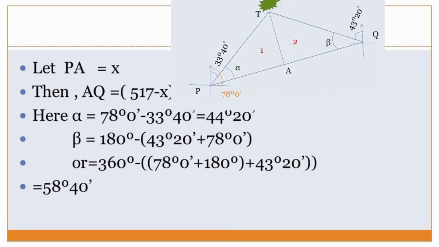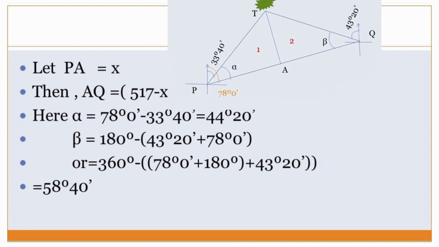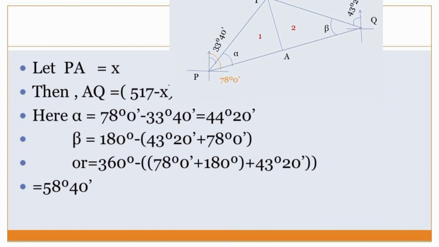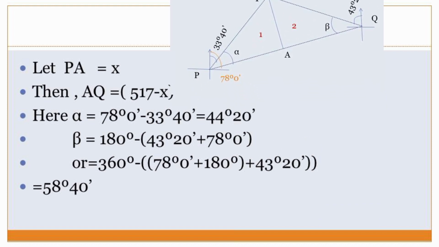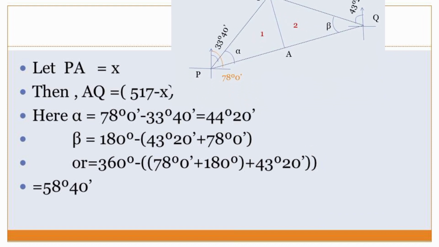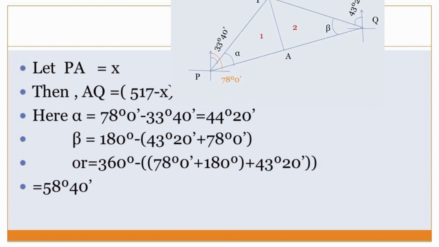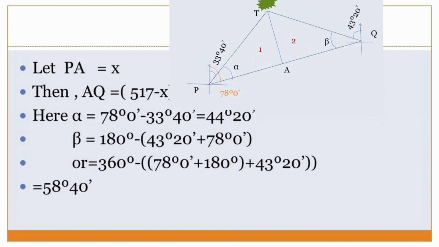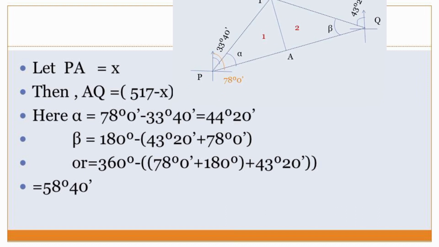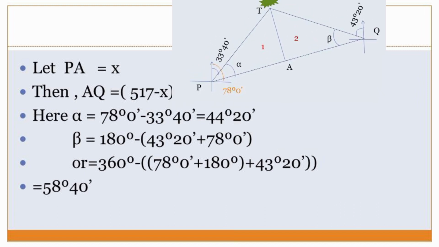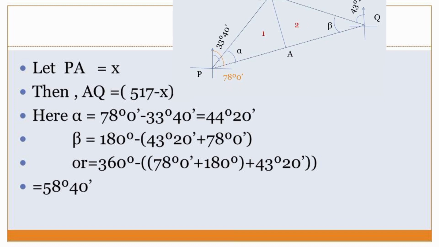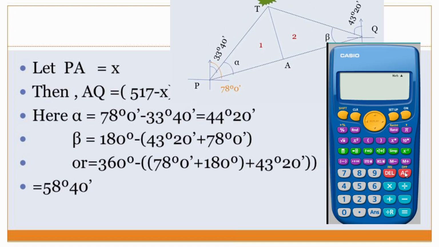So my quadrant angle 78 degrees is alternate equal to the angle on the other side where Q is found.